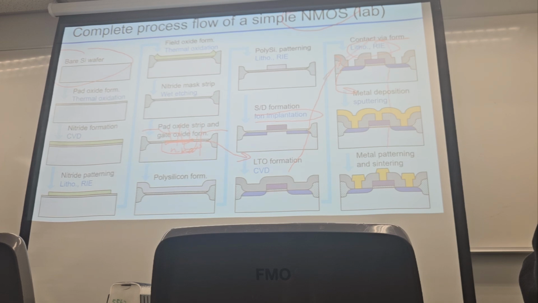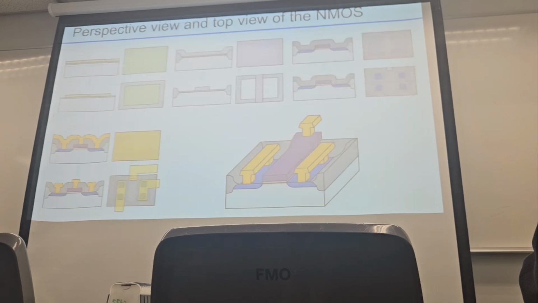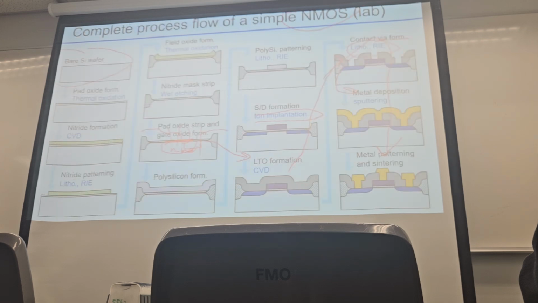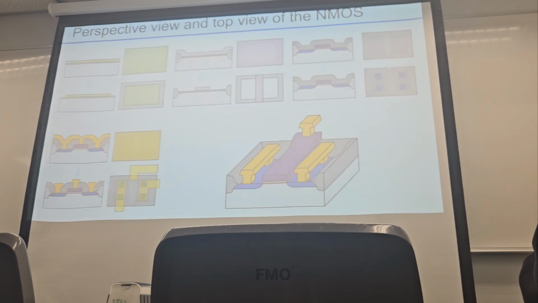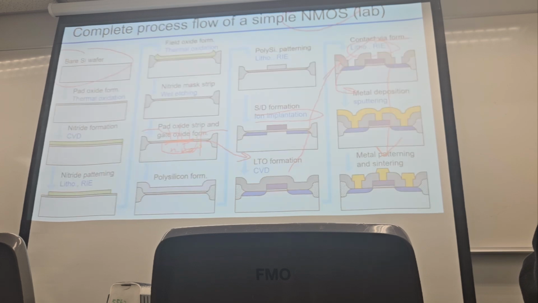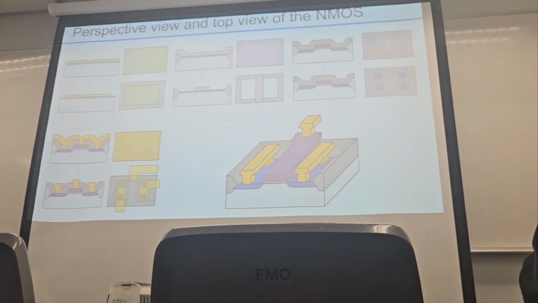And the following step, I think, is the same as NMOS. Okay, so to answer that question, you need to remember the fabrication process flow of NMOS and PMOS. Okay, so for the mask, I think you only need to provide the cross-section view, okay, and for the top view, we can see it here.